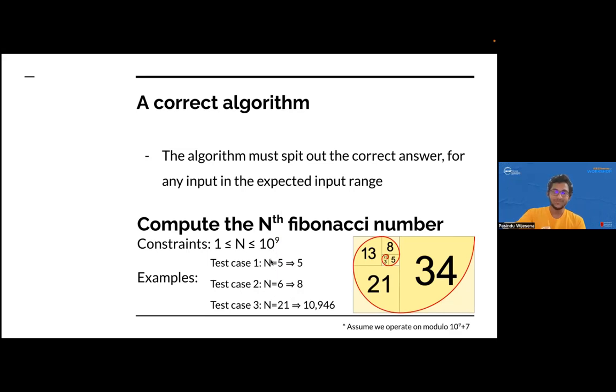These are just some examples. Whenever they are telling the problem statement in a competition, they would typically give us some example cases for us to understand the problem. But whenever they are evaluating our program, they are going to evaluate against these constraints. So they are not going to just give n equal to 5, 6, and 21.